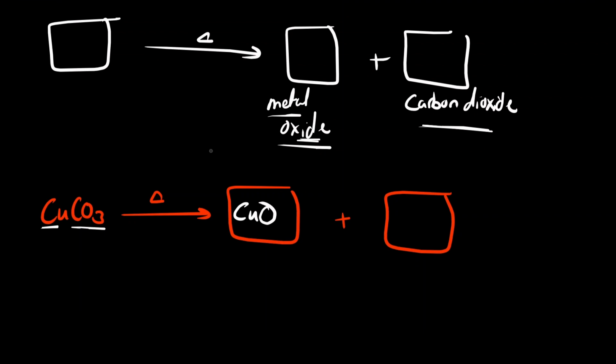And since this one is copper carbonate, it has the carbonate group or the carbon atom. So we are going to put here for the other resultant the carbon dioxide or CO2. And just know that the copper carbonate has a green color, and as we said earlier, the copper oxide has a black color.